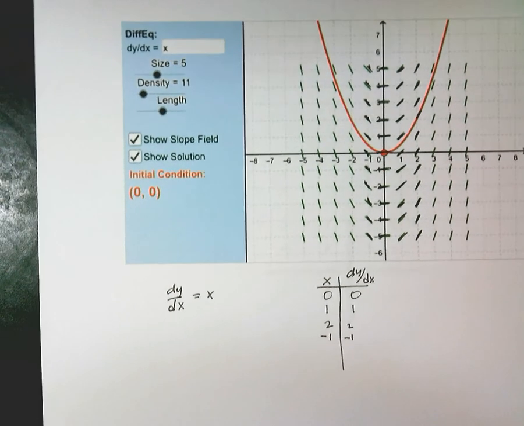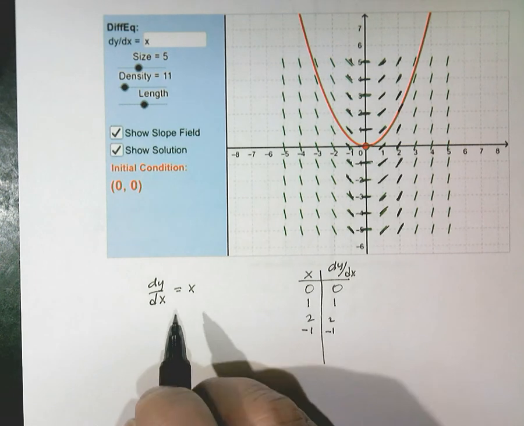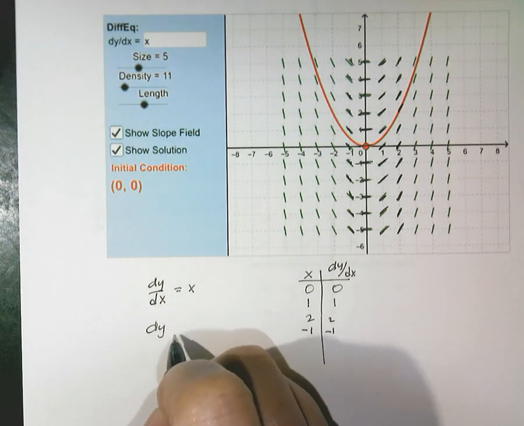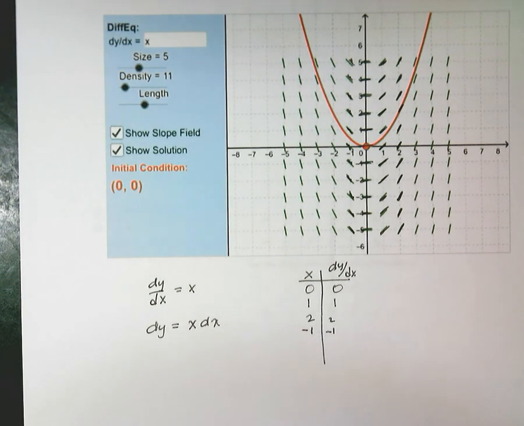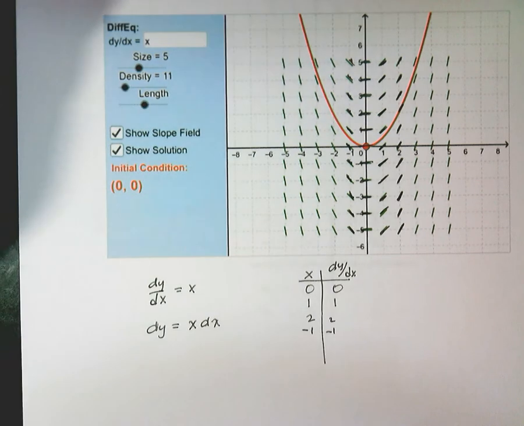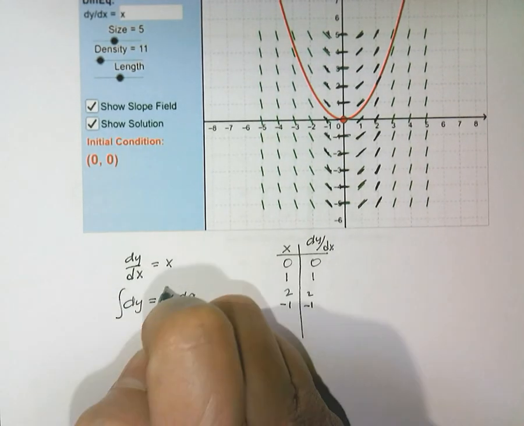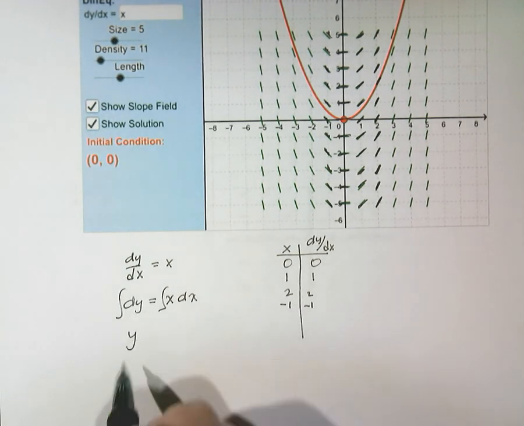So we could find a solution to a differential equation. So my solution would be to solve for y. So to rewrite this, I would rewrite dy equals x dx. And then I would go ahead and integrate both sides of the equation. If I integrate dy, I get y.